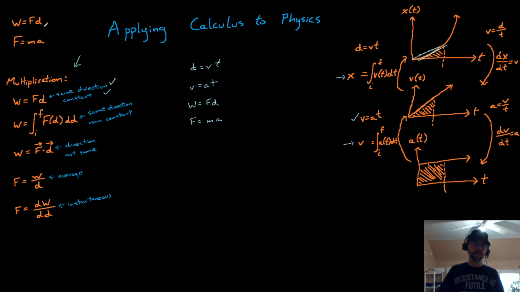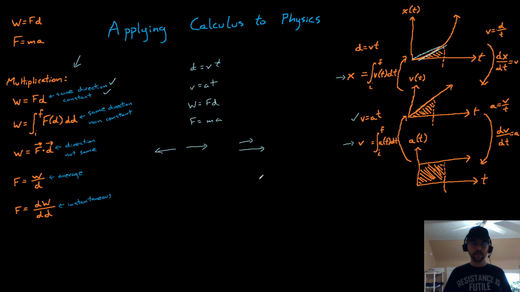So force and displacement are both vectors, which means they have both magnitude and direction. So when you say that work equals force times displacement, that only holds true if force and displacement point in the same direction, or if force and displacement point in opposite directions.